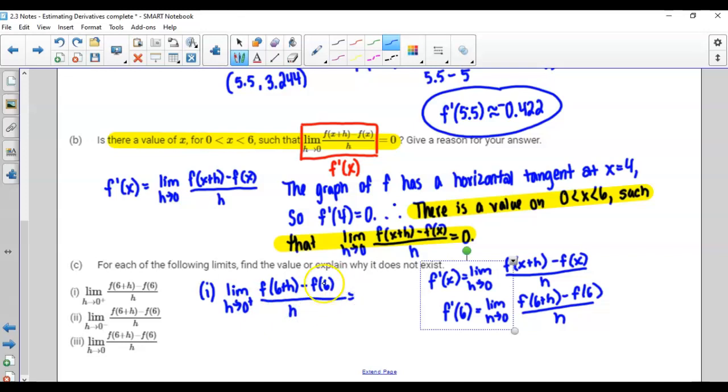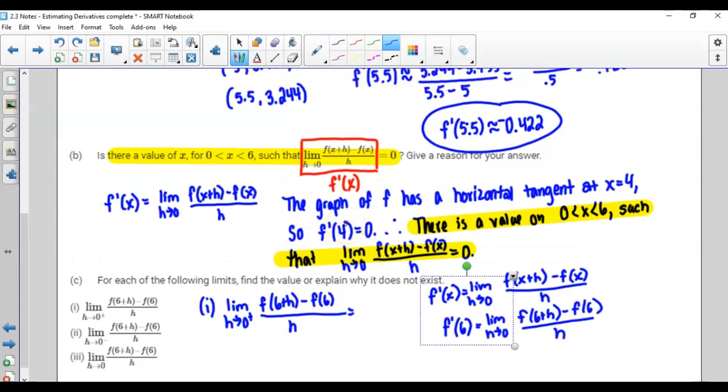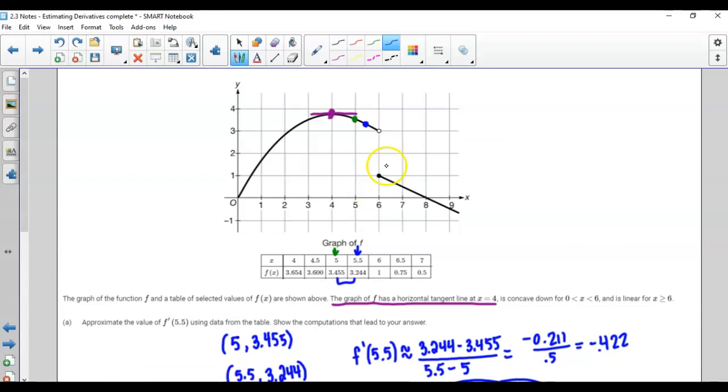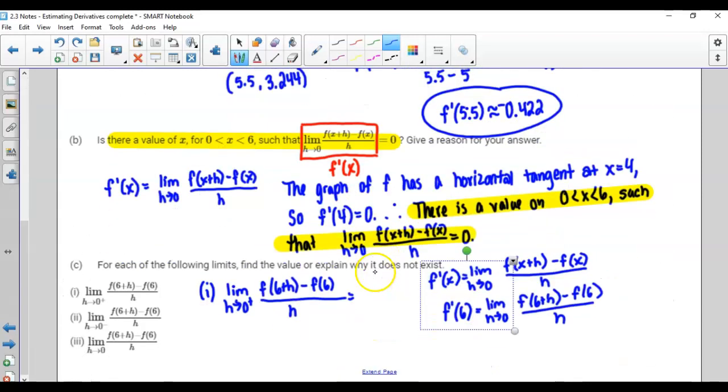Whenever we look at the graph up here, we can see that as we approach from the right-hand side, we have a nice straight line, which is really good because that means we can find the slope of that line really easily. And so the slope of this line right here is just -1/2. So our derivative at 6 is -1/2 as we approach from the right-hand side.